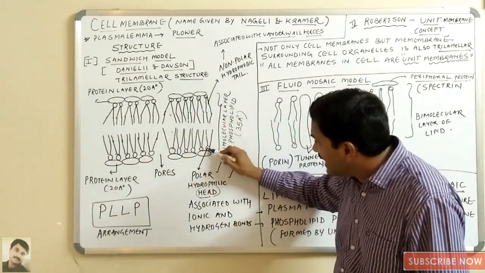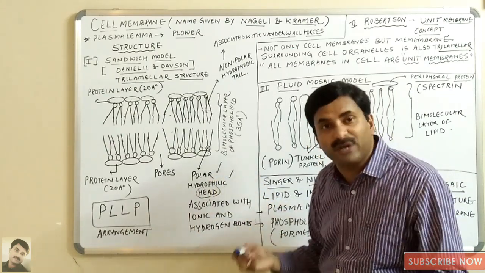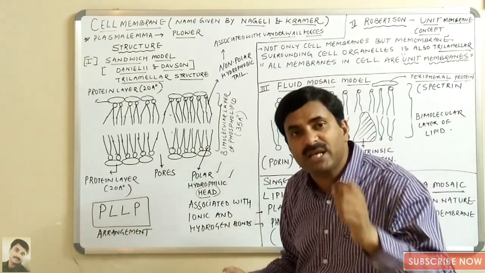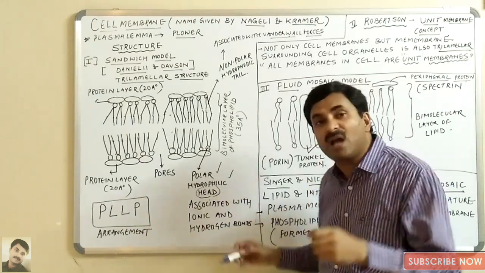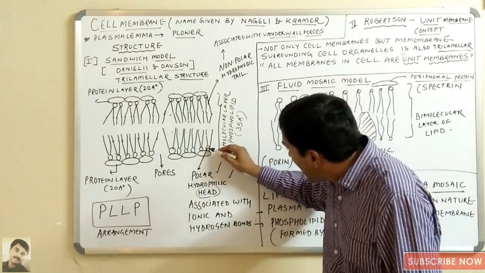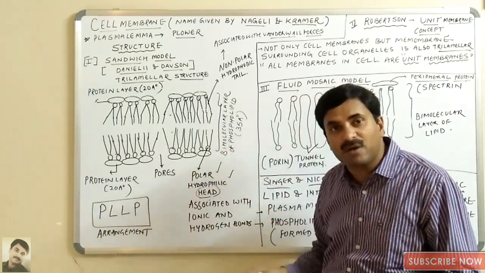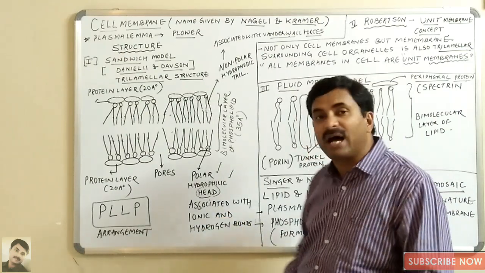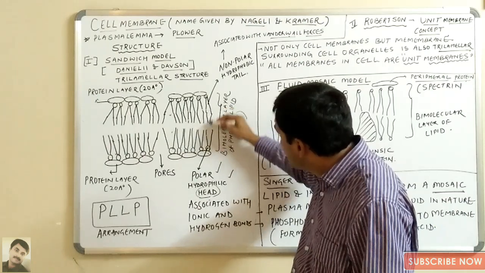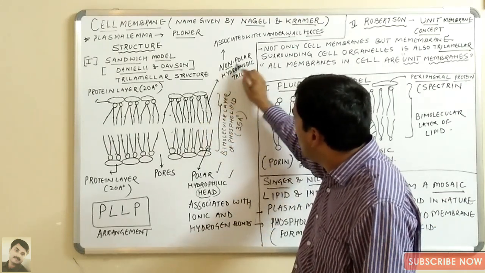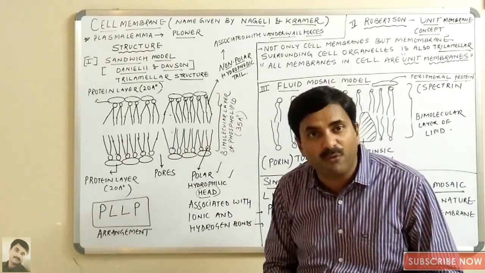Now these heads are polar and they are hydrophilic. What is the meaning of the word hydrophilic? Hydrophilic means water loving, and these heads are associated with the protein layer with the help of certain bonds, called ionic and hydrogen bonds, while these tails are always non-polar and hydrophobic.